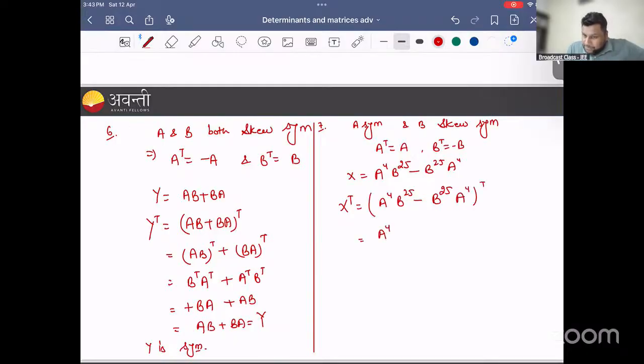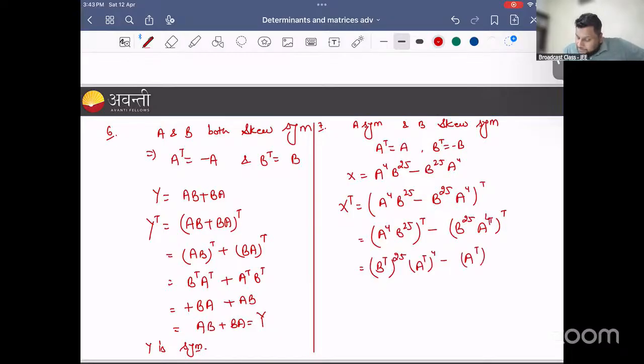So (A^4 B^25) transpose minus (B^25 A^4) transpose. Now we will apply the reversal law. Reversal law will make it (B transpose)^25 (A transpose)^4 minus (A transpose)^4 (B transpose)^25.